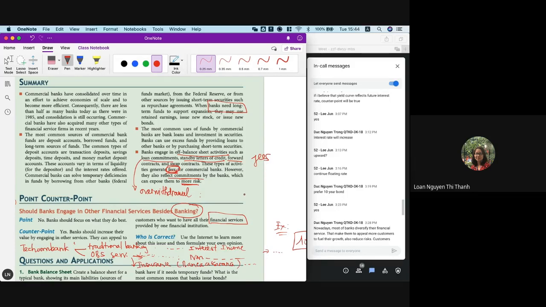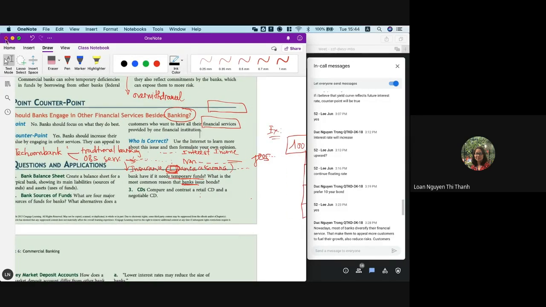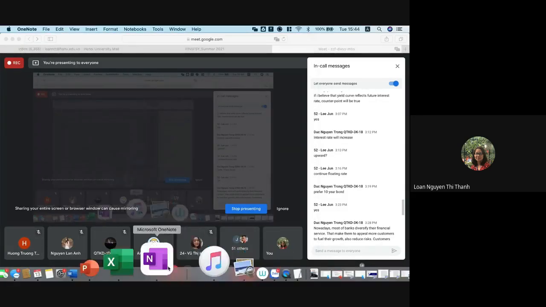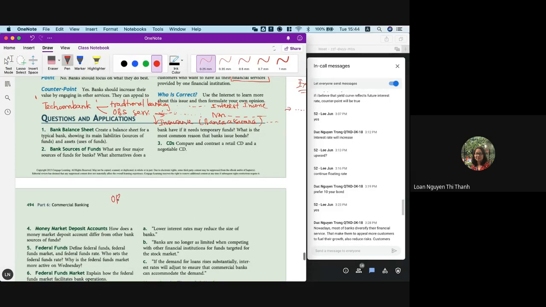But for the worst case scenario, the expense of off-balance sheet will be recorded on the balance sheet. Okay? Remember off-balance sheet. Normal situation, right?